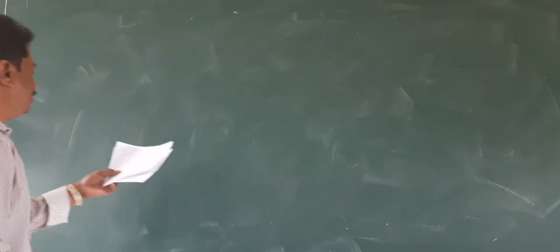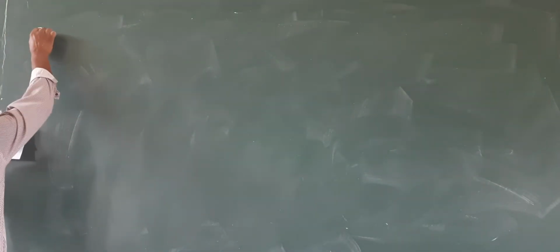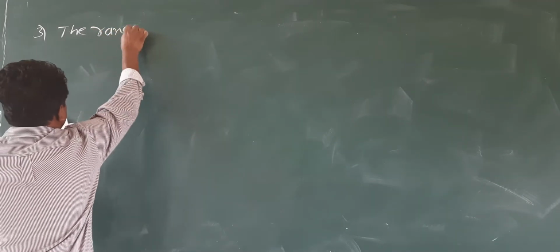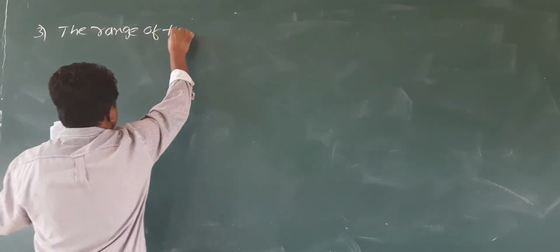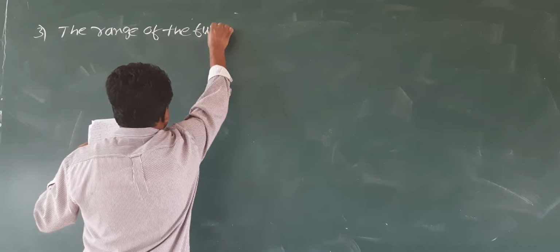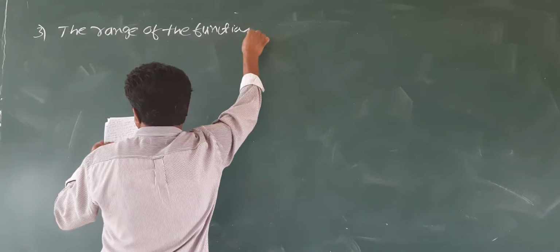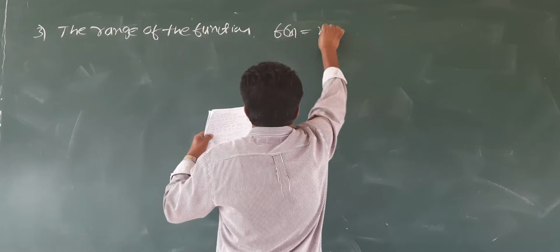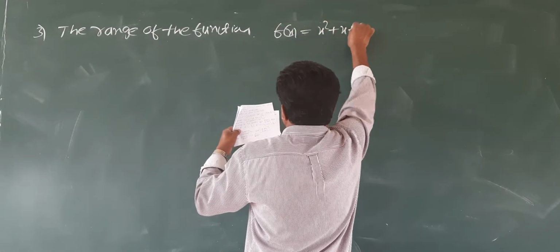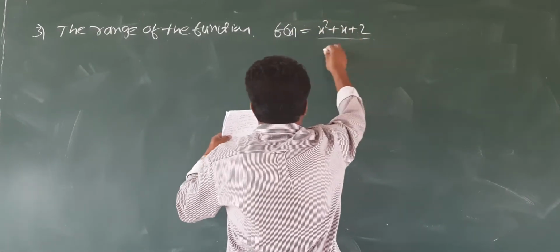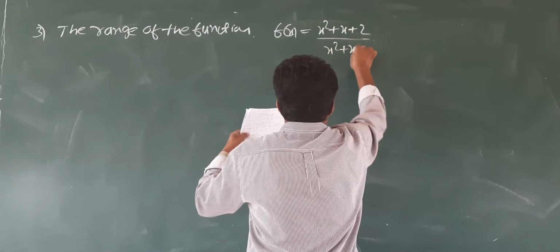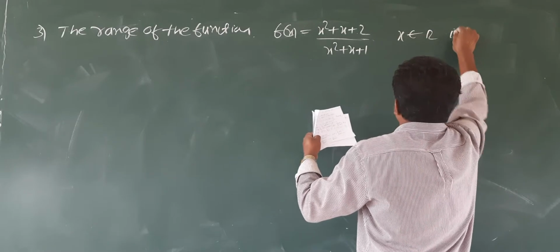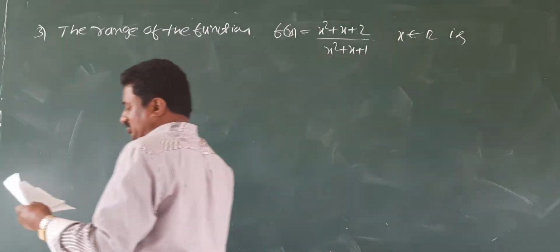The range of the function f(x) equals x square plus x plus 2 by x square plus x plus 1, x belongs to R, is the range of the function.